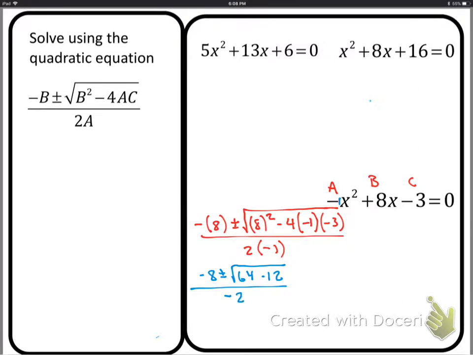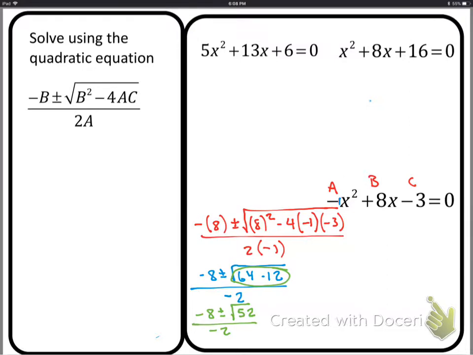Okay, now I'm going to simplify the discriminant here. That's going to be 64 minus 12. Everything else stays the same. So this is -8 plus or minus the square root of 52 divided by -2. Now the square root of 52 doesn't break down evenly. There's no number multiplied by itself that equals 52.